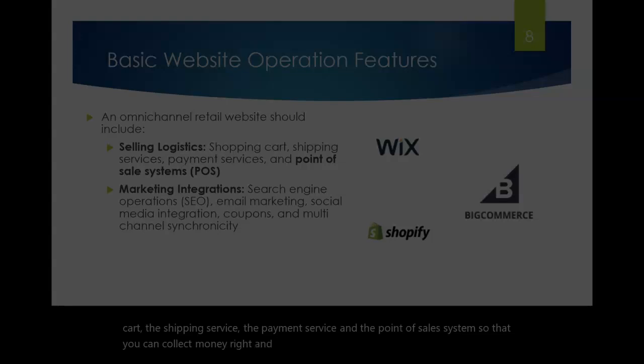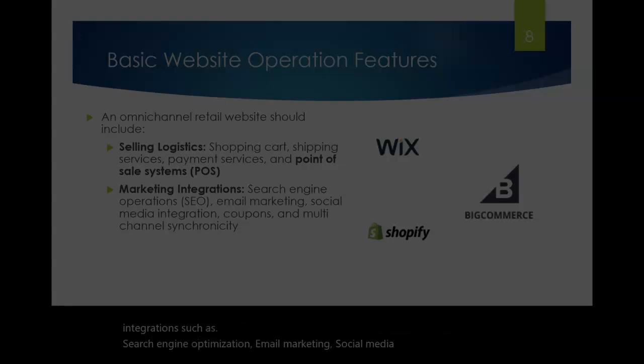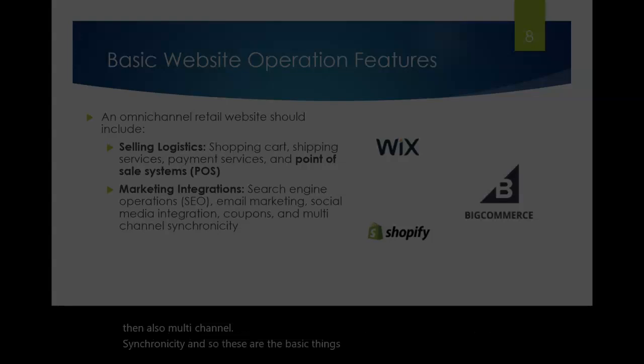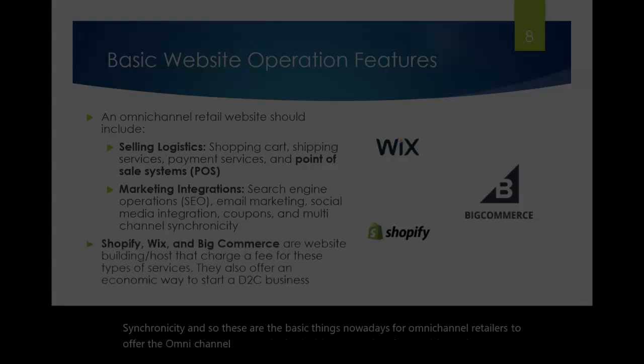And then they also need to have marketing integrations such as search engine optimization, email marketing, social media integration, coupons, and also multi-channel synchronicity. These are the basic things nowadays for omnichannel retailers to offer omnichannel services.